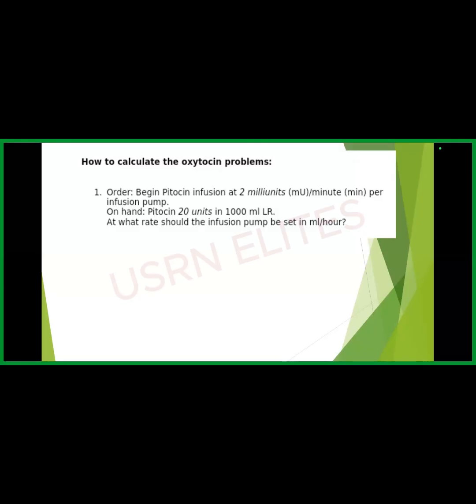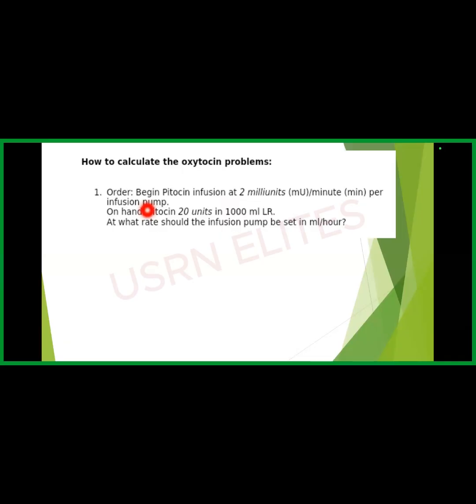So we have this order that we should begin Pitocin infusion at 2 milliunits. This is how we write the milliunits. So 2 milliunits per minute per infusion pump.